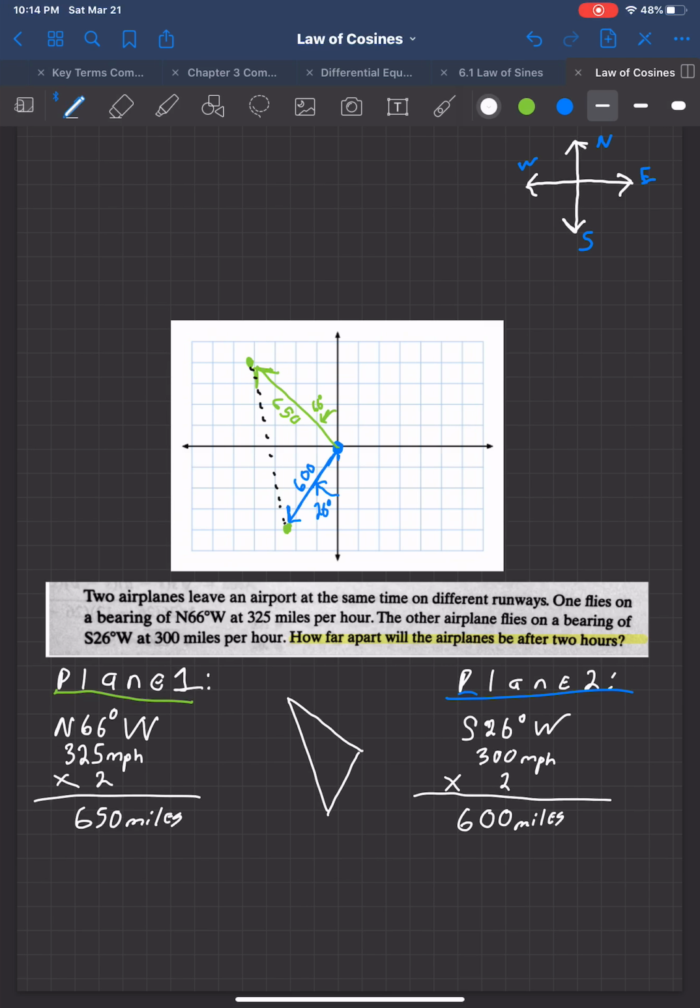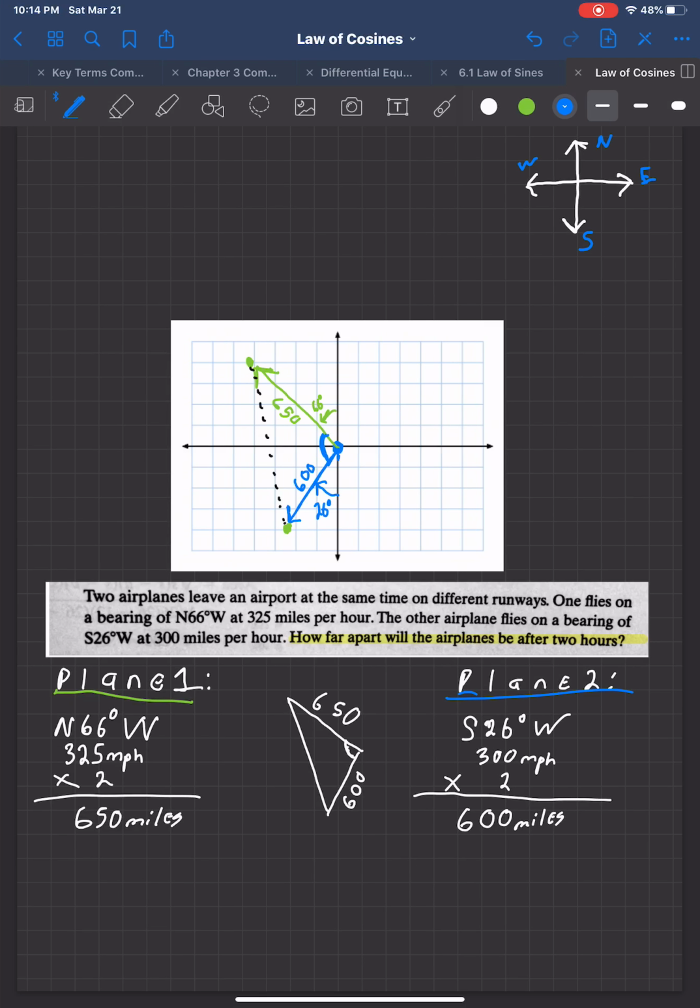And we know that, let's say this side of the triangle is 600 and this side of the triangle is 650. But do you agree with me? We don't know anything else about the triangle, right? For example, we don't know what this angle is yet. But can you think about how you would find that angle? Well, hopefully you can.